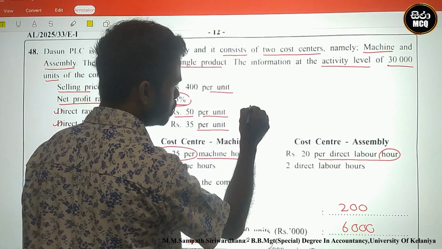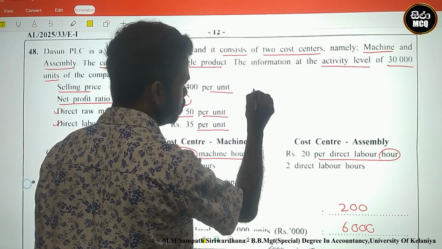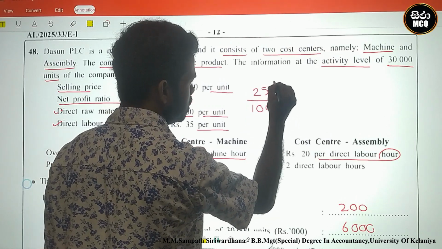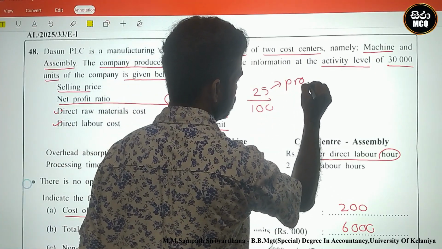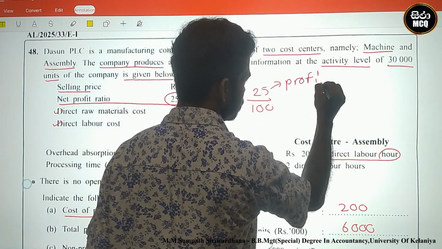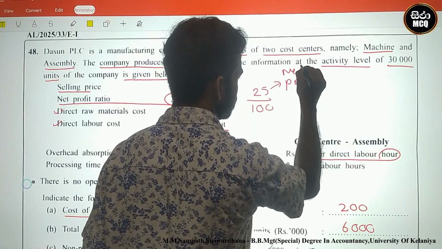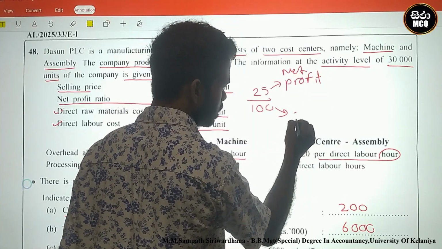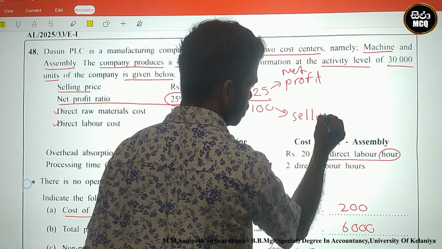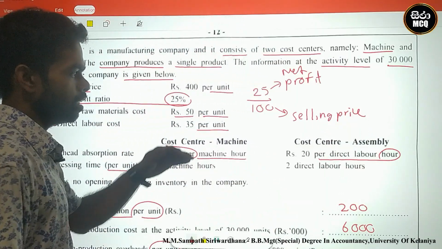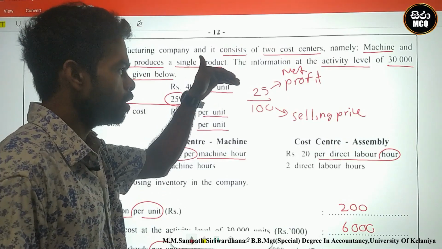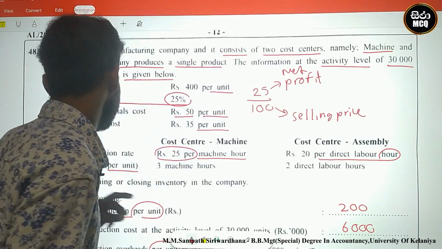What is the meaning of net profit ratio? 100 to 25. What is this? This is the profit, no, net profit. What is this? This is selling price. Okay, the 100 is the selling price, 25%, 25 is net profit.